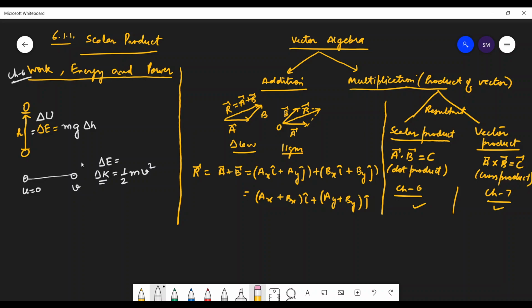So in both cases, the energy of the object is changed. This change in energy is the work done. If the energy of an object is increased, I say the work done is positive, and if the energy of an object is decreased, then the work done by the external force is negative.